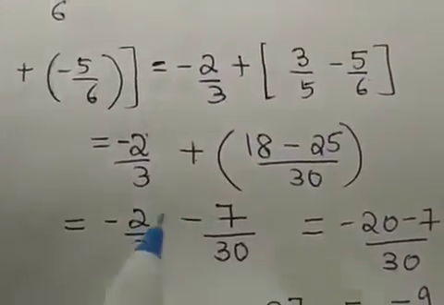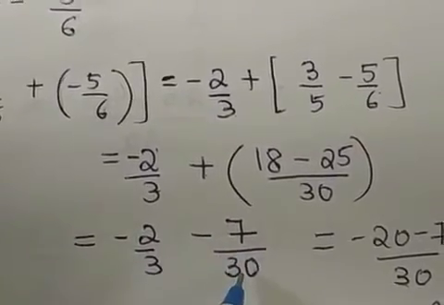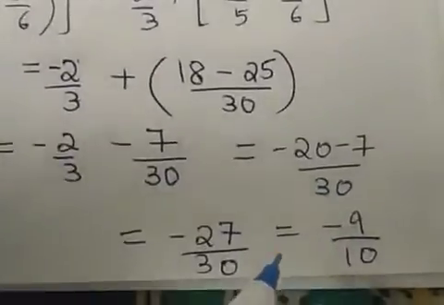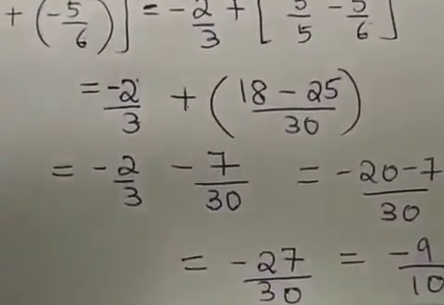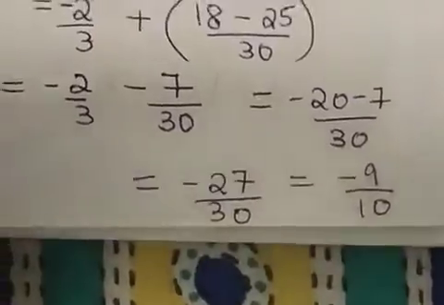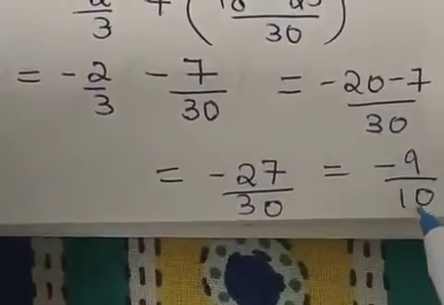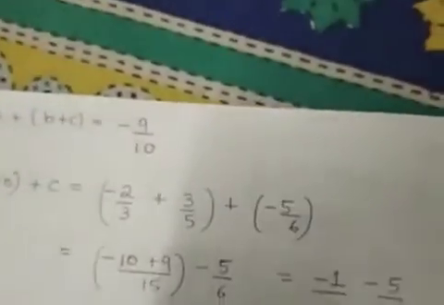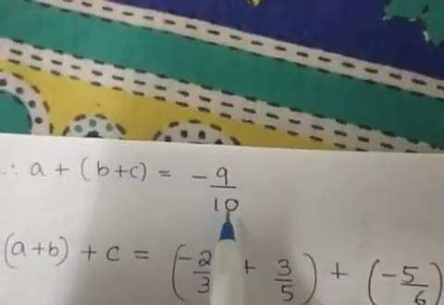Upon solving I get minus 2 upon 3 minus 7 upon 30, and this is equal to minus 27 upon 30. On cancellation I get minus 9 upon 10. So we have got a + (b + c) as minus 9 upon 10.